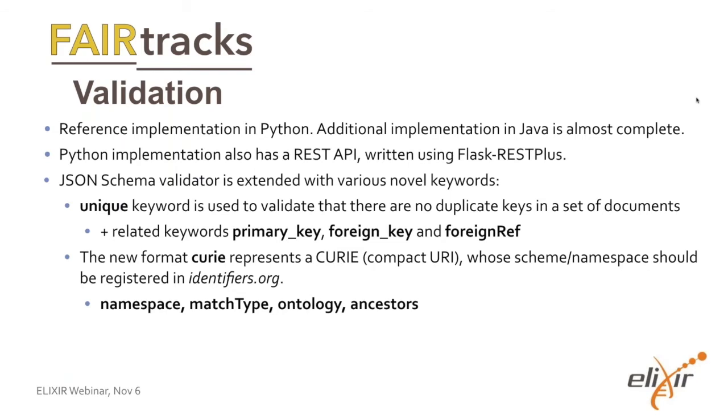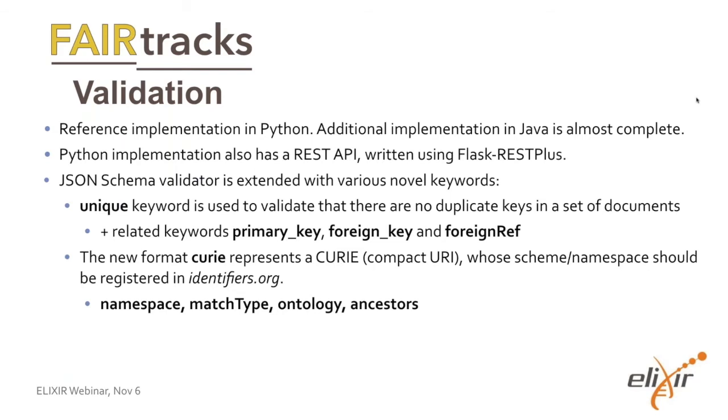In order to do this, we had to extend the standard JSON schema with various novel keywords. For instance, one is the unique keyword, which is used to validate that there are no duplicate keys across documents, which is a specific requirement.